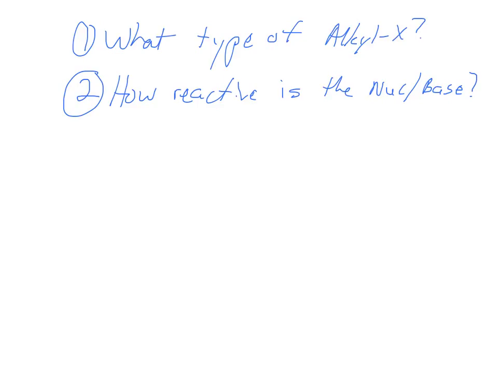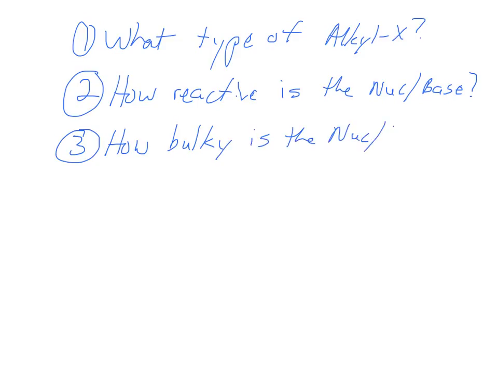If it doesn't have a negative charge, that makes me think SN1 or E1. Third thing I'd ask myself, if I'm still sitting there, is how bulky is the nuke/base. If it's bulkier, that makes me think more about elimination. If it's smaller, it makes me think more substitution.